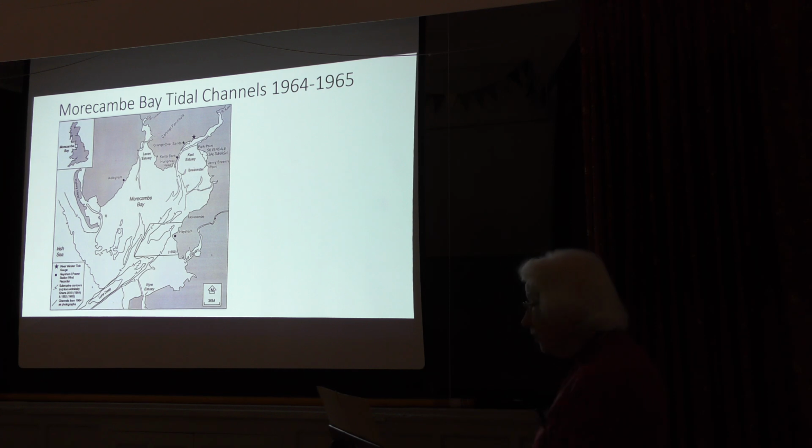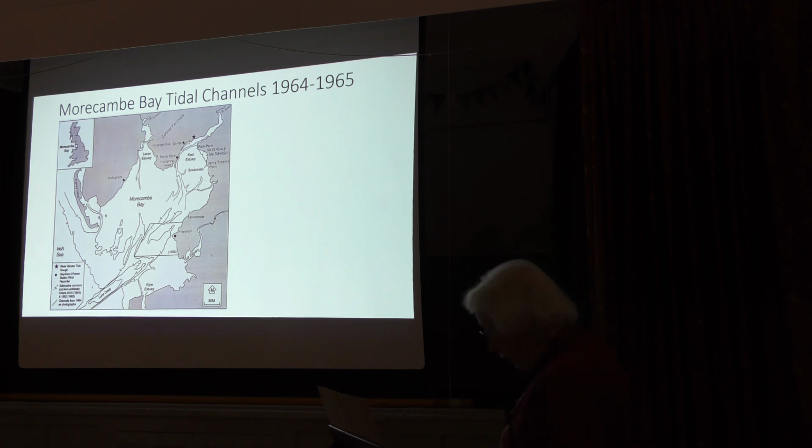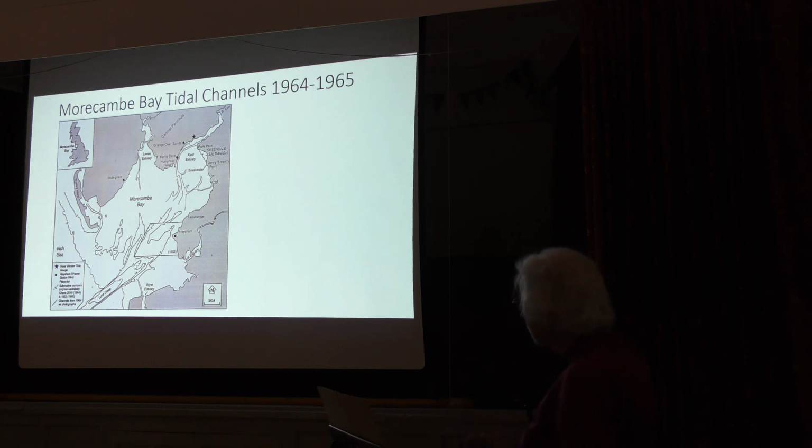Now, perhaps rather duller looking is this map, but it does obviously name all the main features. So Morecambe Bay is approximately 10 miles square, as it were, 10 miles in a northeast to southwest direction, also northwest to southeast.